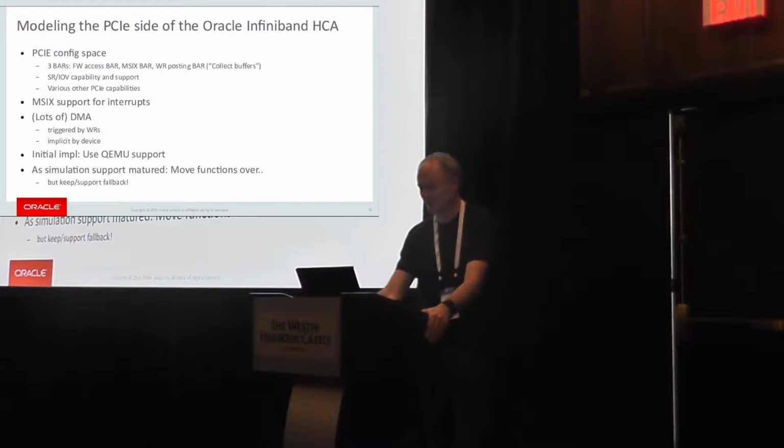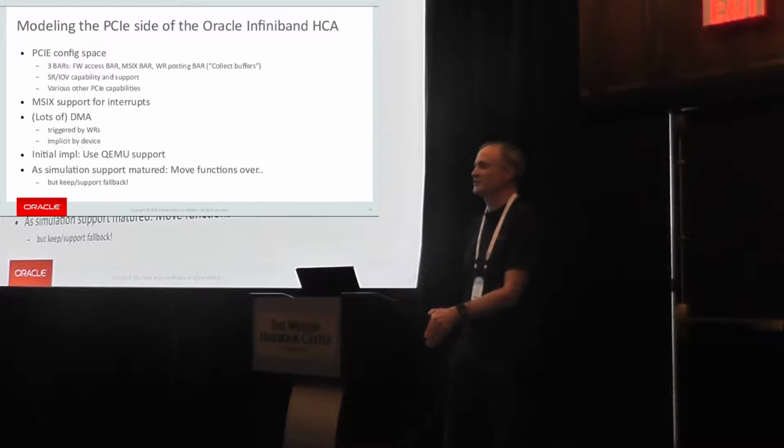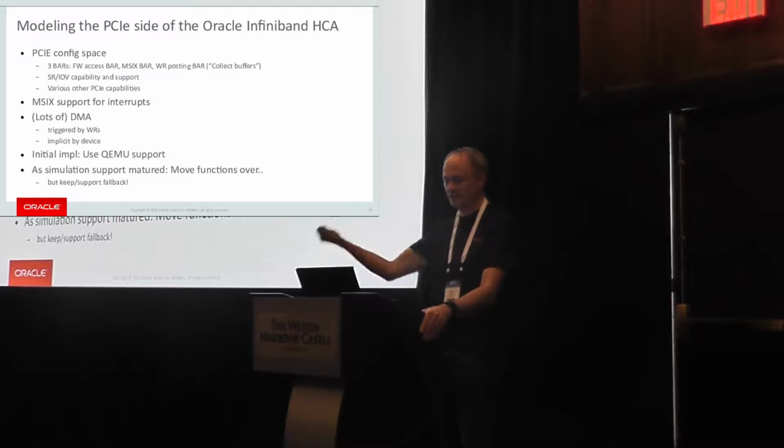We call this collect buffers. It has MSI-X support for interrupts, of course, and it does lots of DMA. DMAs are triggered by these work requests, and it's implicitly done by the device.